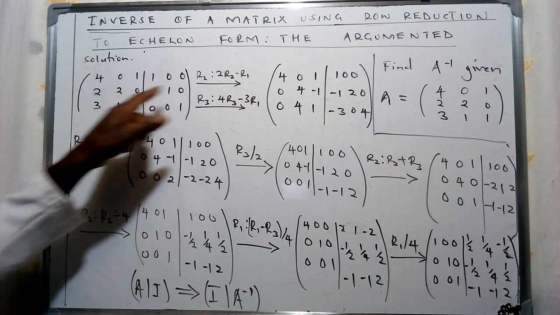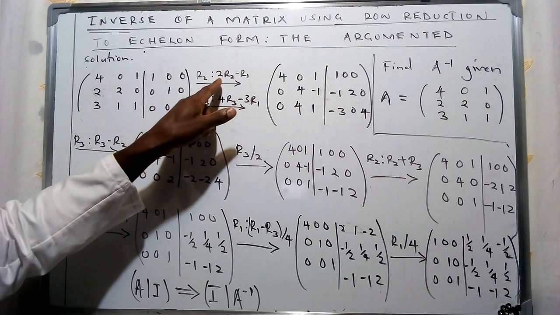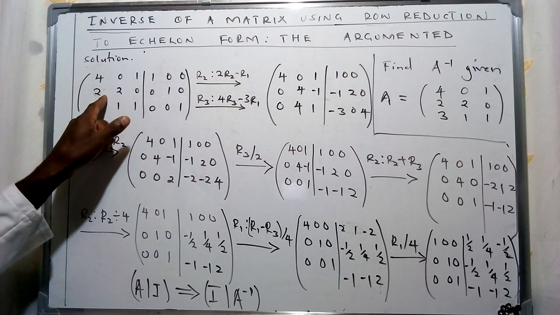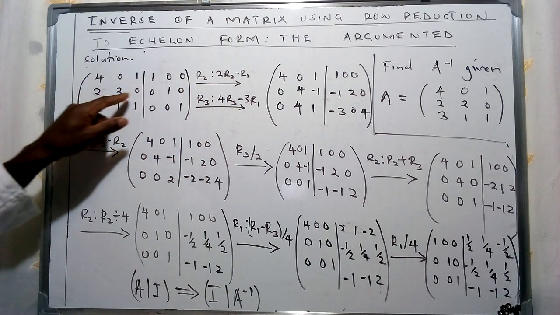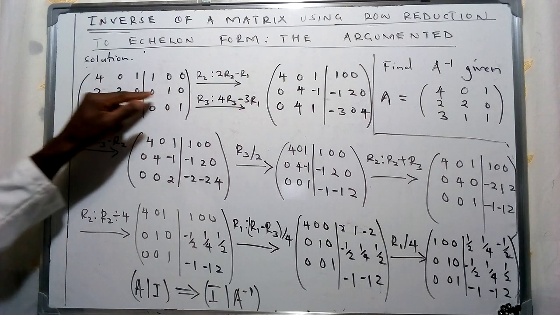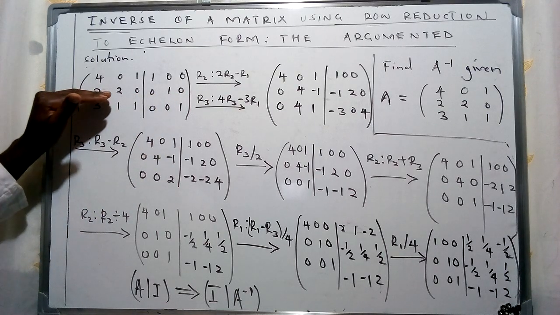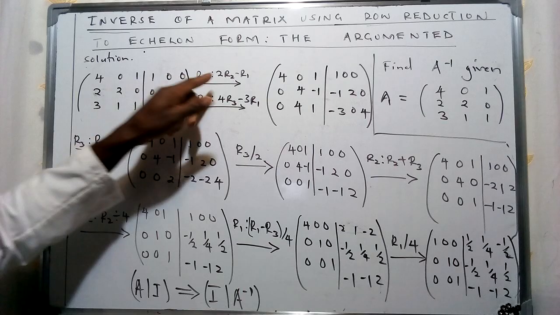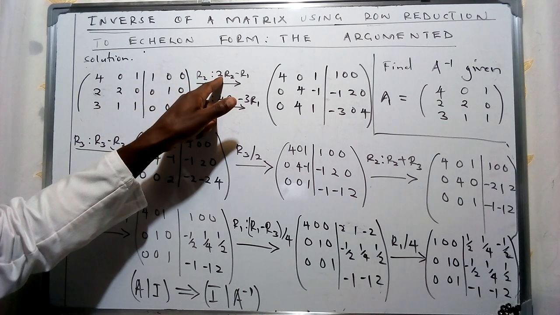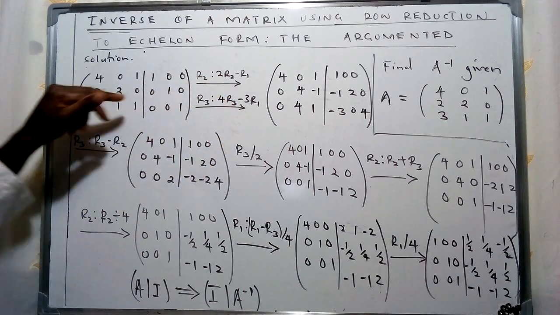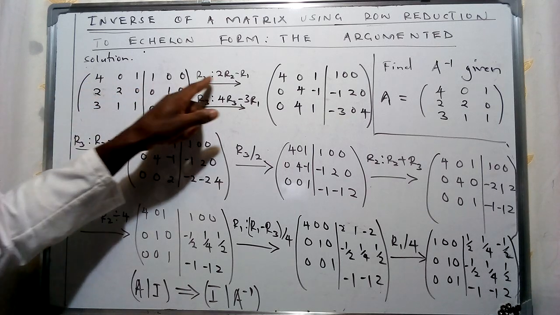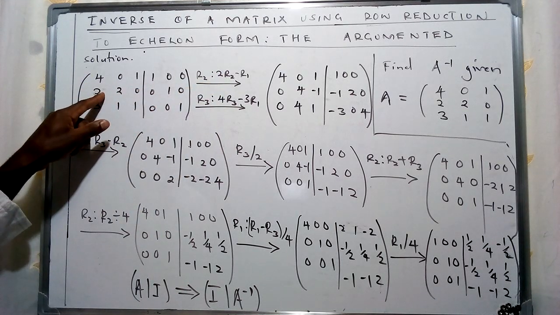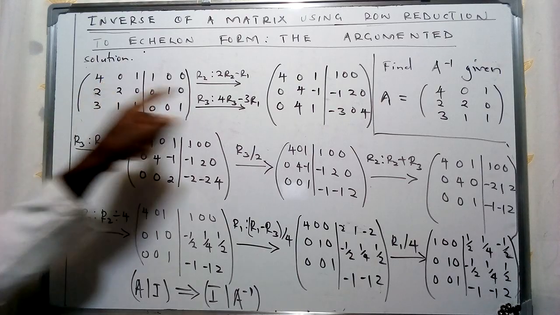And therefore, we're going to have row 2 transformed by having 2 times row 2 minus row 1. So twice this element for row 2 is attained by multiplying with the scalar 2, and then we perform a subtraction of row 1. So we expect that twice this element, 2, minus 4, is equivalent to 0.